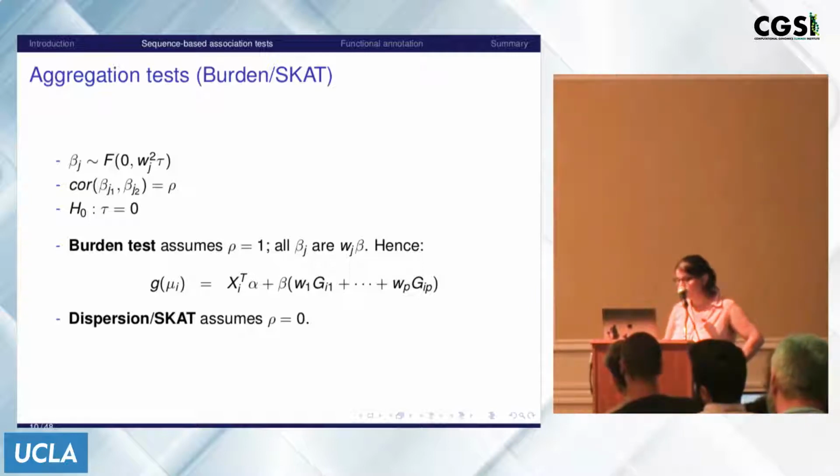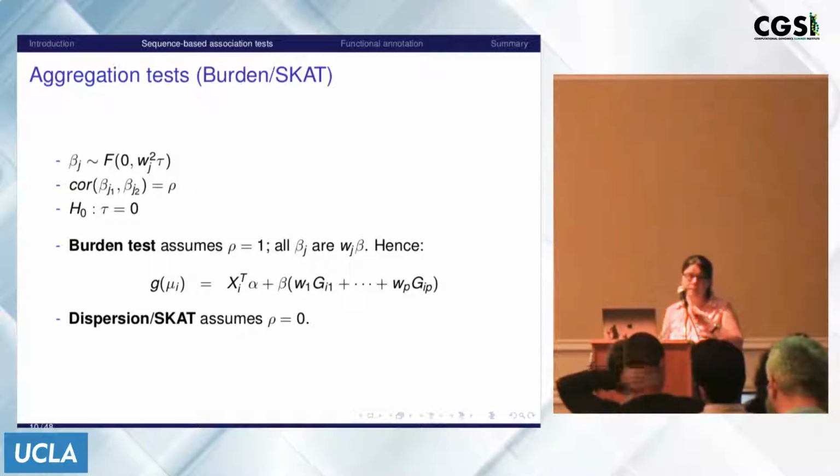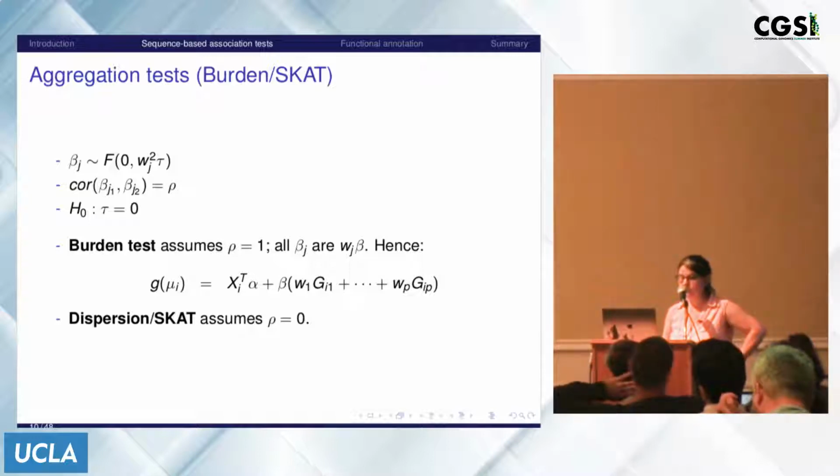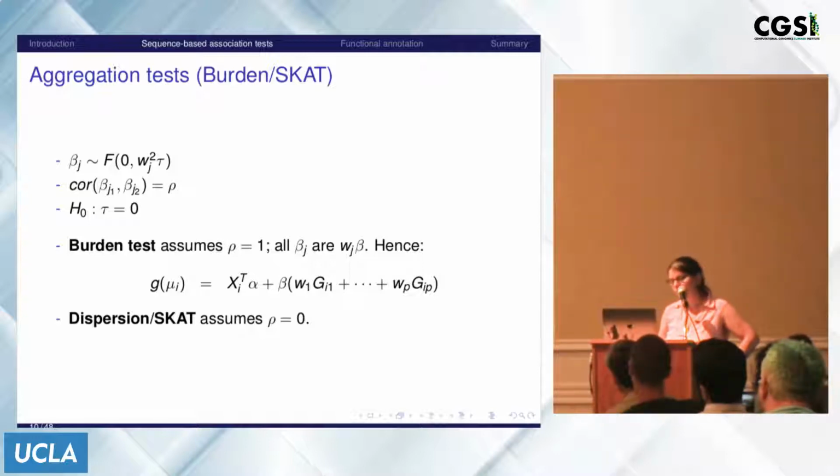The burden test is basically when you take rho equal to 1, so all betas are completely correlated. In other words, all betas are the same up to this weighting factor wj. It's called the burden test because what we're actually doing is calculating for each individual a burden, a genetic score weighted by these weights.